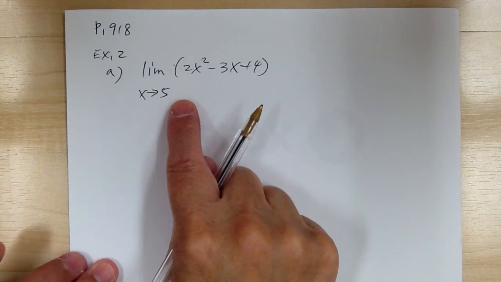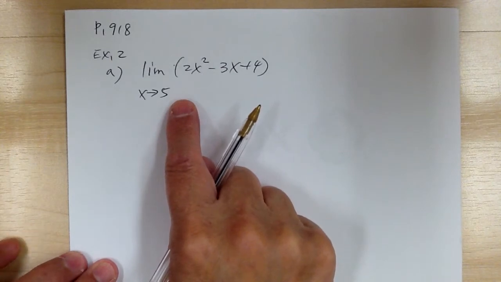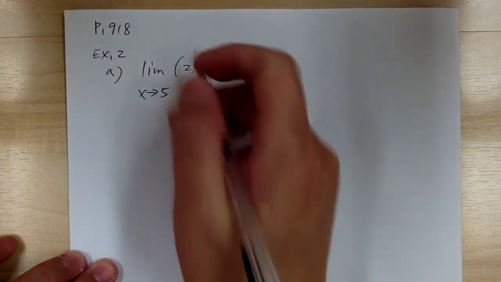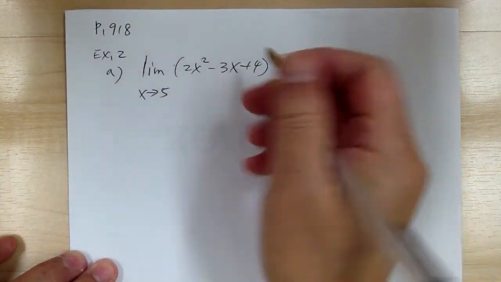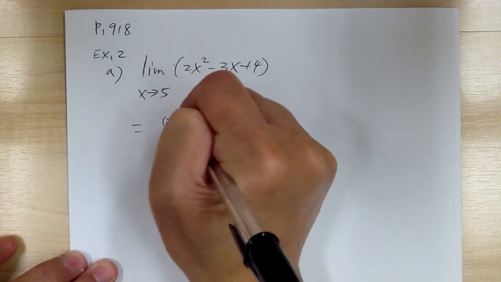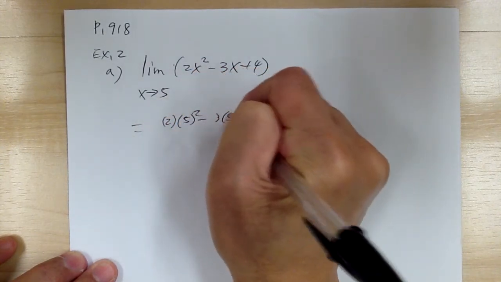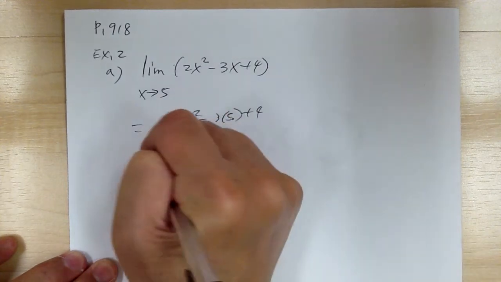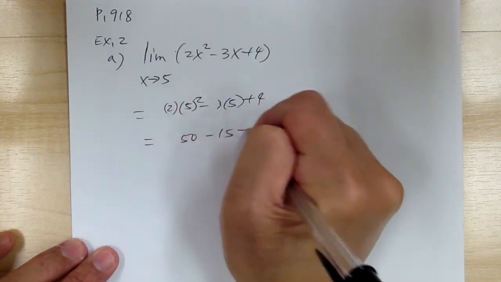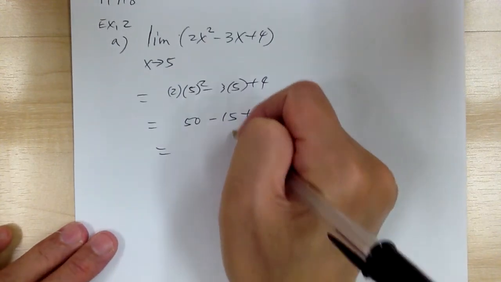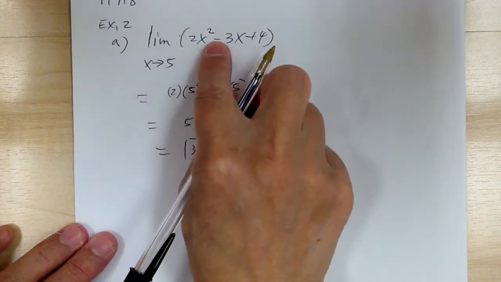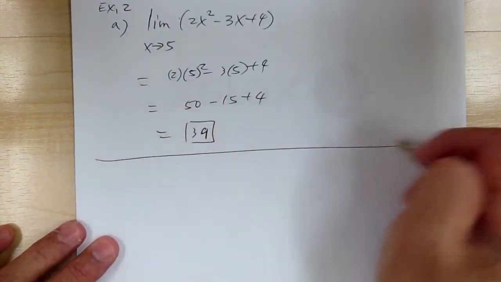Whenever you're looking for limits, the first thing you want to try is direct substitution. If you can substitute, then that would be it. So let's try this. You get 2 times 5 squared minus 3 times 5 plus 4. This is equal to 50 minus 15 plus 4, and so this would be 39. And that's it. If you can substitute, then go and do that.